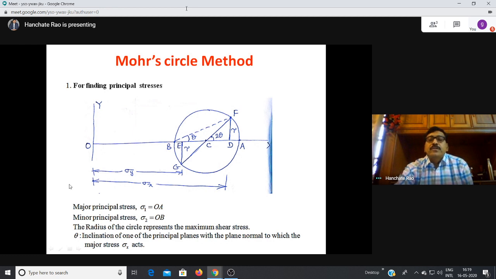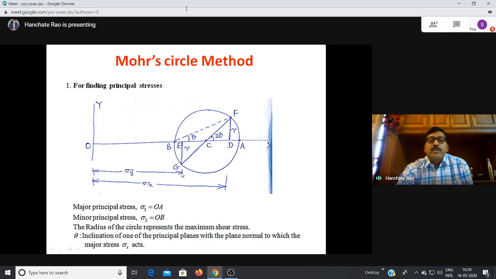So just follow, and draw to the scale. Sorry, I said it wrong, so just correct it. Draw to the scale such that sigma x is equal to OD. OD is equal to 5 centimeters if you take 50.